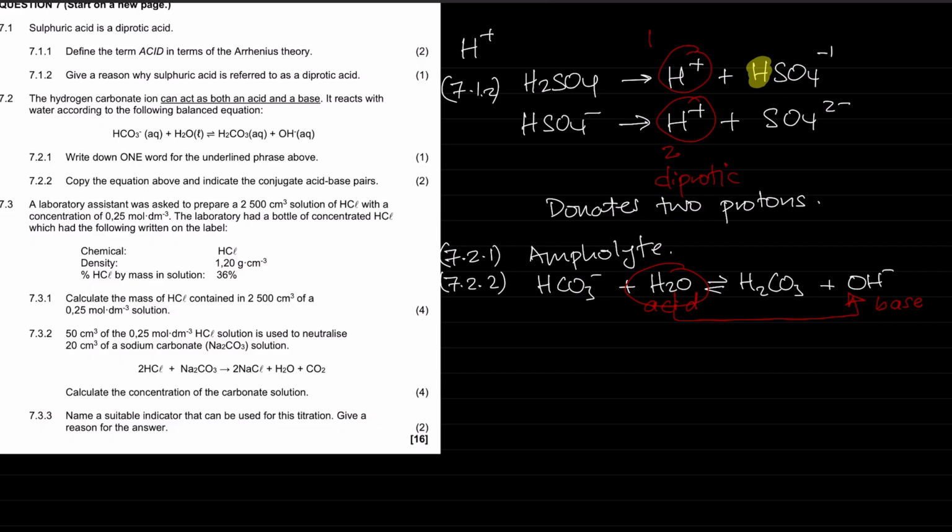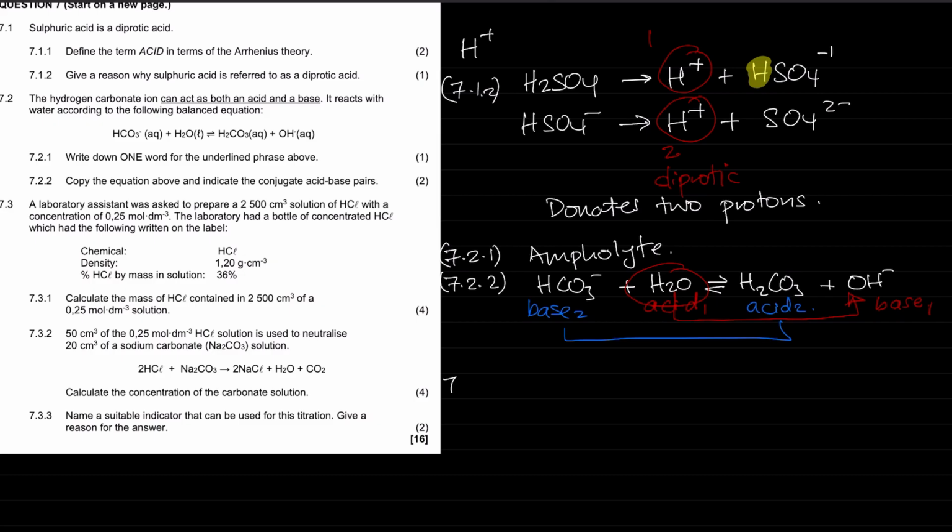So we can call this acid 1, base 1. Then that means the HCO3 minus must be base 2 and the H2CO3 must be acid 2. Okay? Moving on.